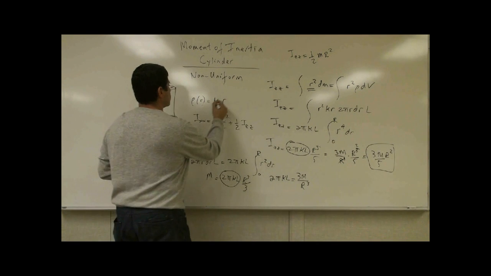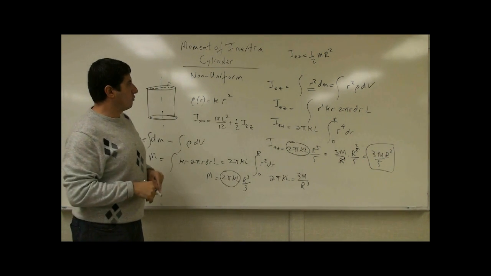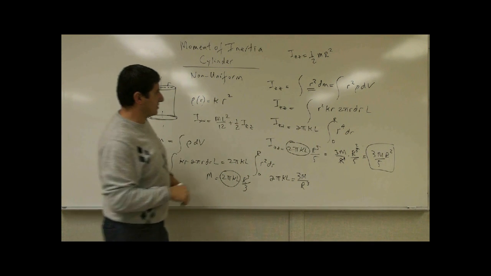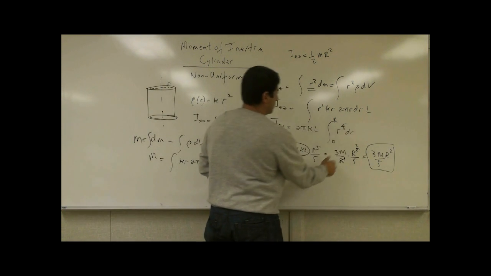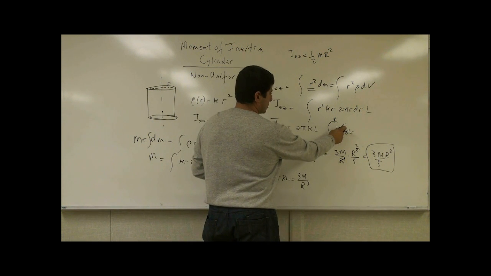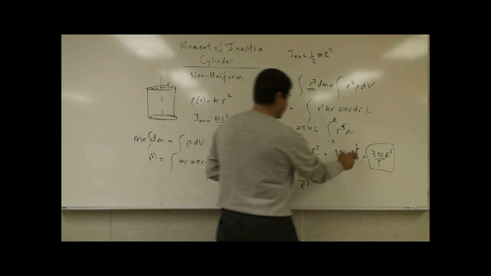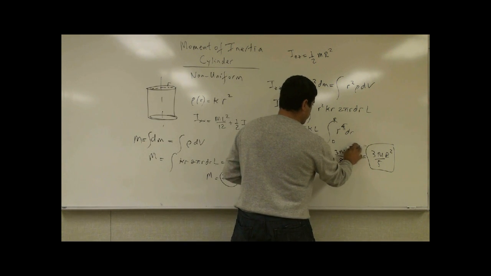Now what if I had done kappa R squared? What would have happened? You would probably have gotten here R to the 5th. Then this would have been what? When you integrate this, it would have been R to the 6 over 6, right?